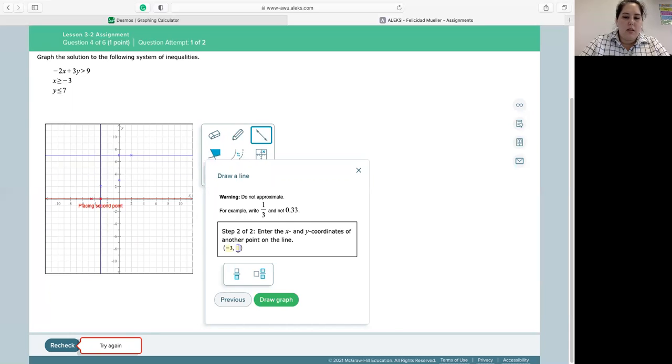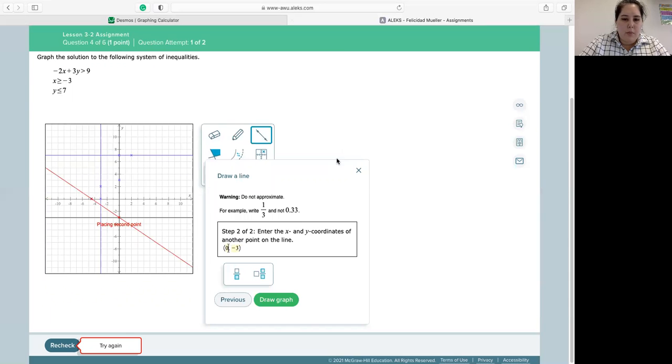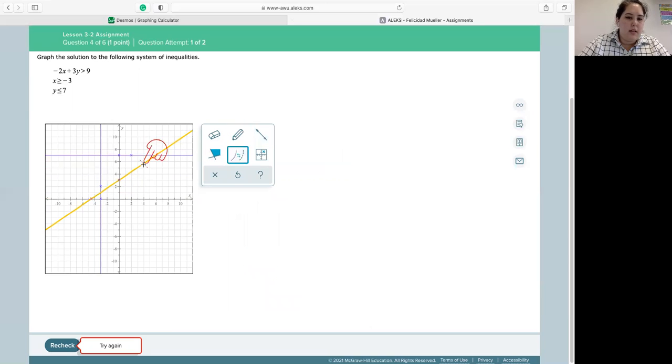Oh, sorry. This one's negative 3 and this one's 0. Oh, positive 3. What was I doing? There we go. And this line is dashed, and then this line. Let's see if that is it.